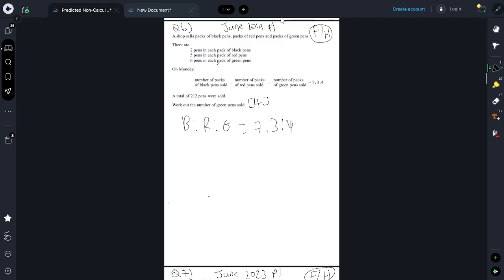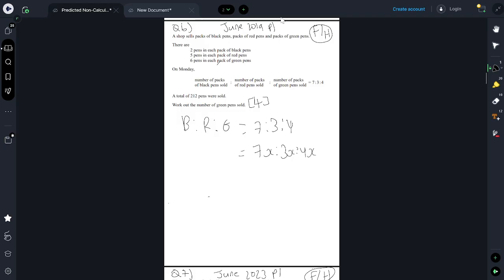However, that is a ratio. That is not telling us there are exactly 7 black packs sold and 3 red, 4 green. That's just telling us a ratio. What we need to do is to scale it by some factor x. So 7x, 3x, 4x, and this is the strategy with these type of ratio questions.